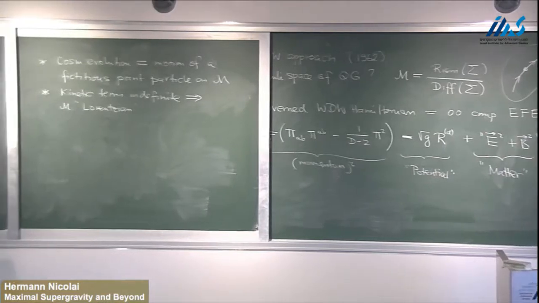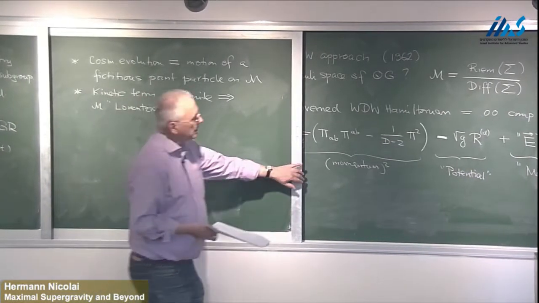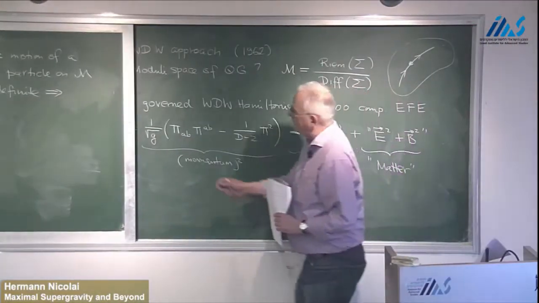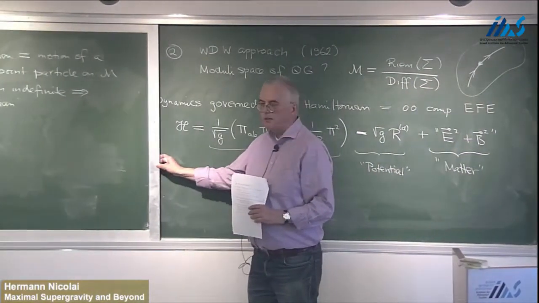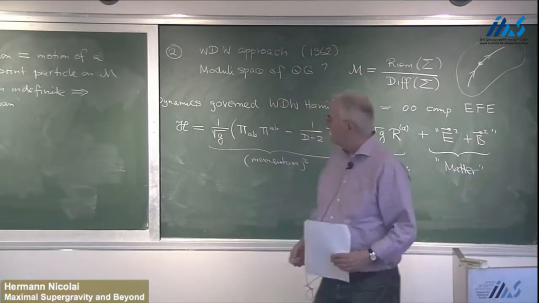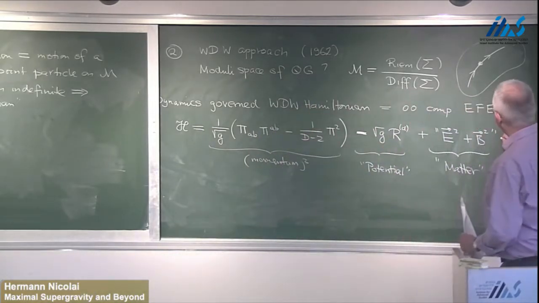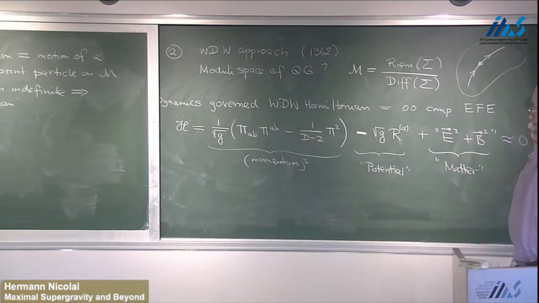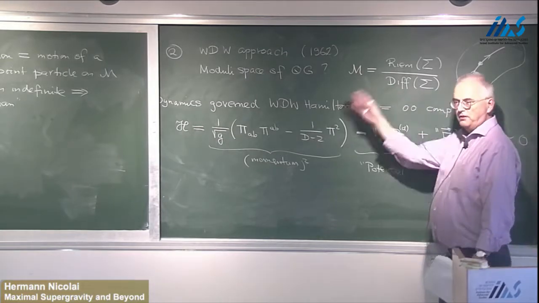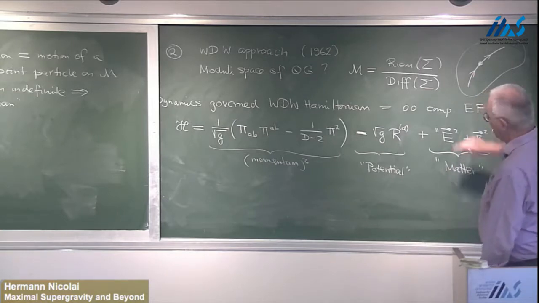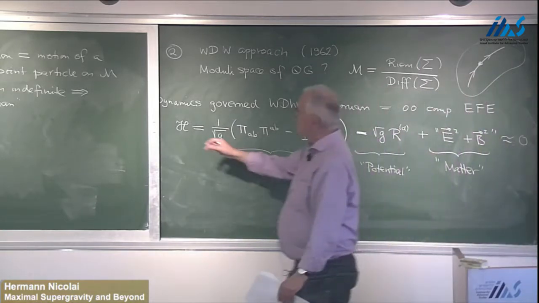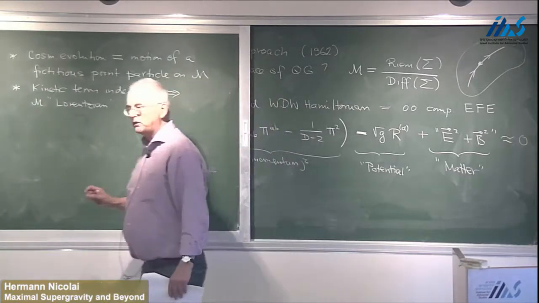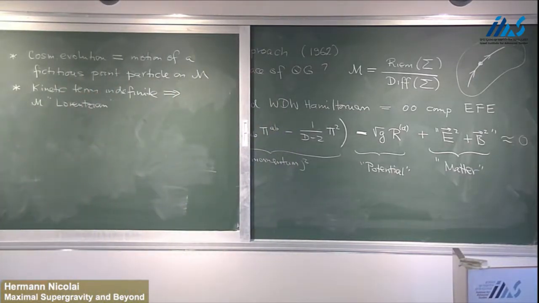Okay? You see, this indefiniteness is crucial because previously I've been talking about the fact that gravity provides an unlimited source of energy. And it's simply the fact that this Hamiltonian, at the end of the day, has to be put equal to 0. And it just means you can borrow as much energy as you like from gravity and put it into matter. It's the thing that everyone dreams about, the bank account. There's no lower limit to withdrawals.